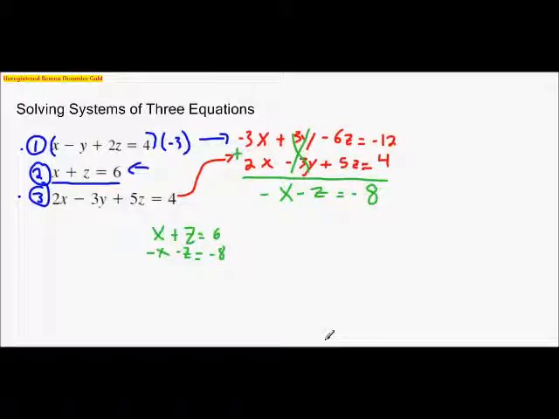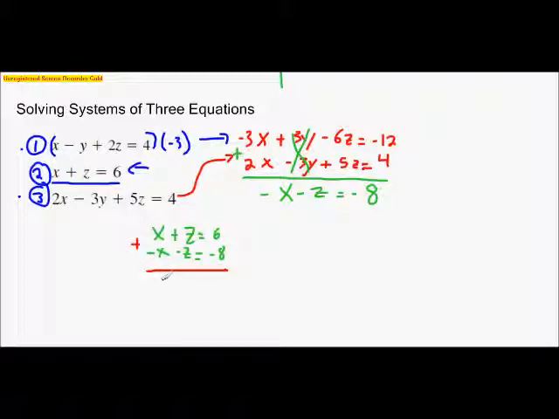So what we're going to do now is basically see if we can eliminate one of the x's or the z's. Or maybe in this case, both. Let's see what happens. Okay, so let's get a different color here. Okay, let's add these together. And what you're going to get here is x plus negative x, right?